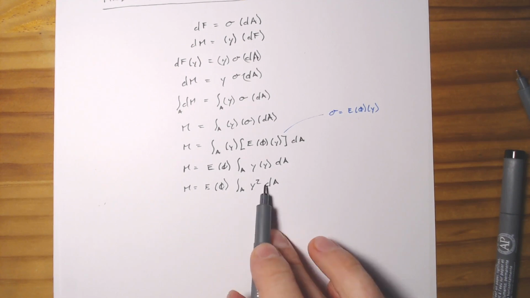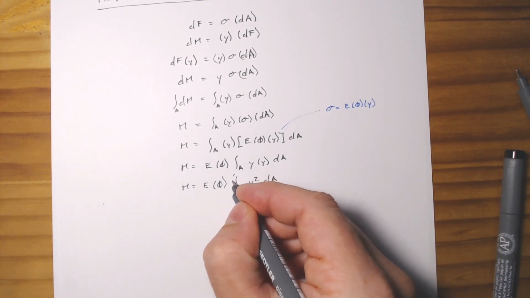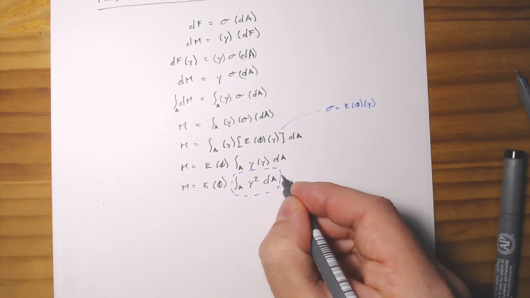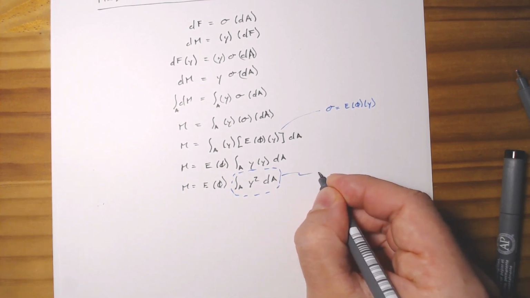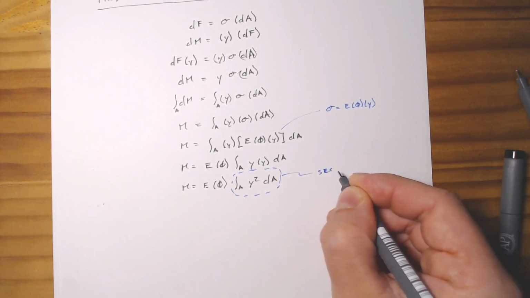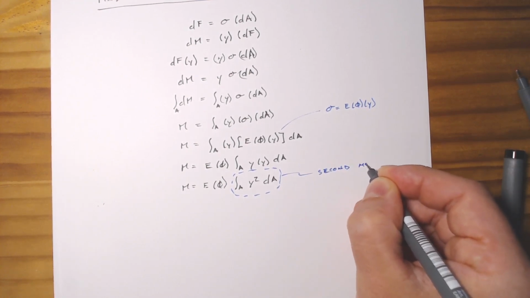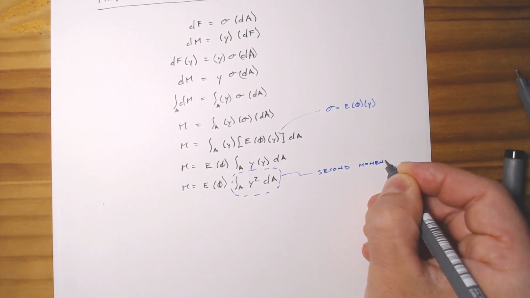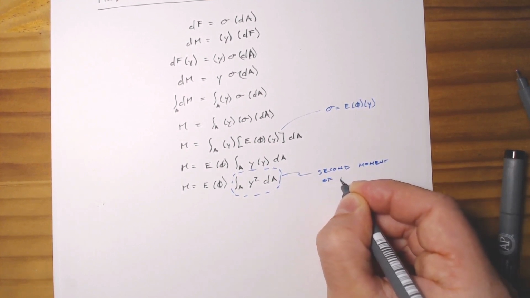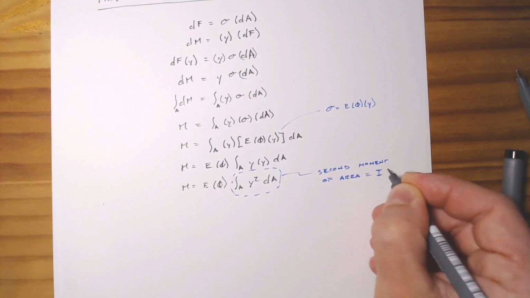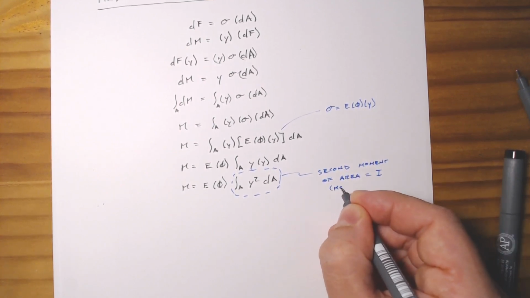This integral over the area of y squared dA should look familiar from our properties of plane sections. This is the second moment of area, also known as I, the moment of inertia.